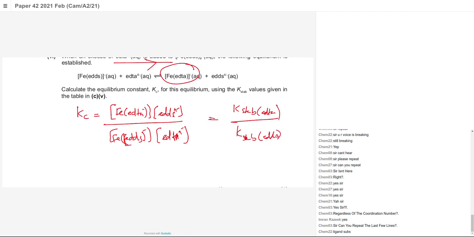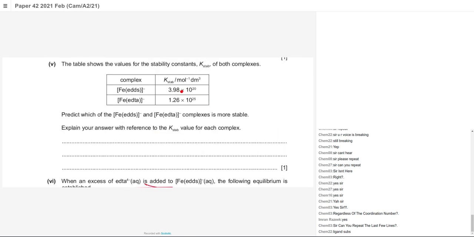How did I decide this directly? Because we know Kc has to be a whole number, not a decimal answer, because the EDTA complex is more stable. That means the reaction favors the forward direction. So directly, it is Kstab EDTA over Kstab EDDS.